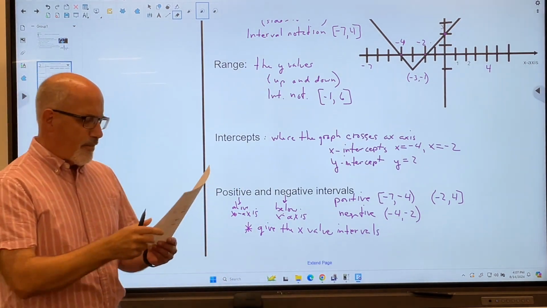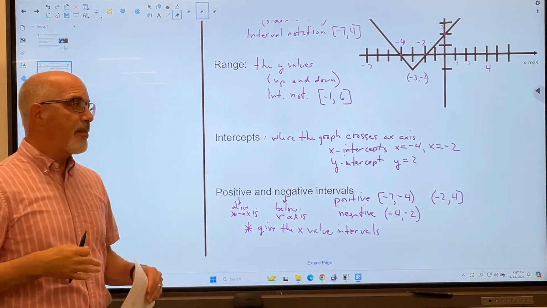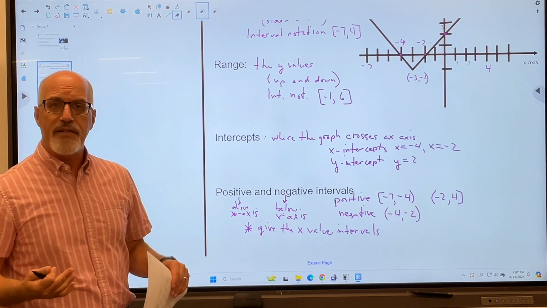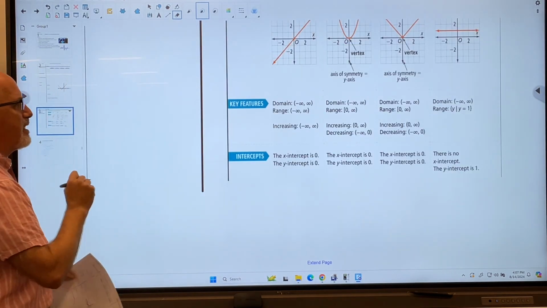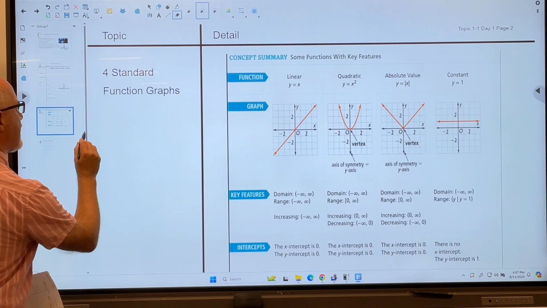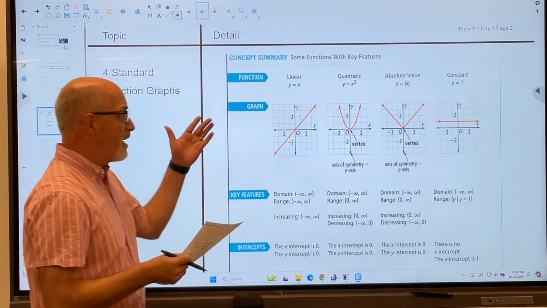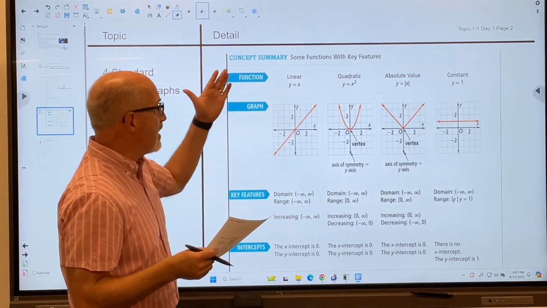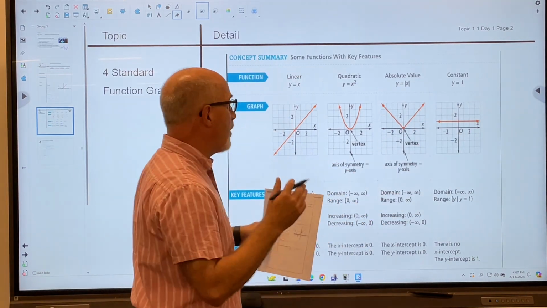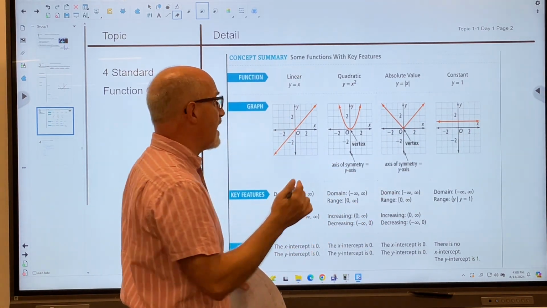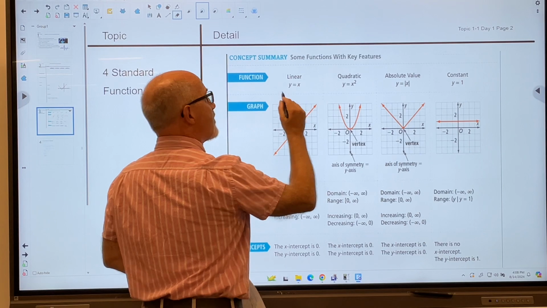All right, now let's talk about typical types of graphs you will see in Algebra 2 at the beginning. The typical types of graphs are listed on this chart. You will see linear, quadratic, absolute value, and constant. Notice the linear graphs are lines.